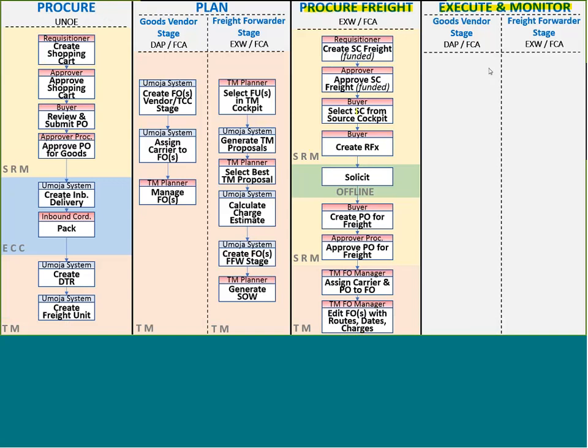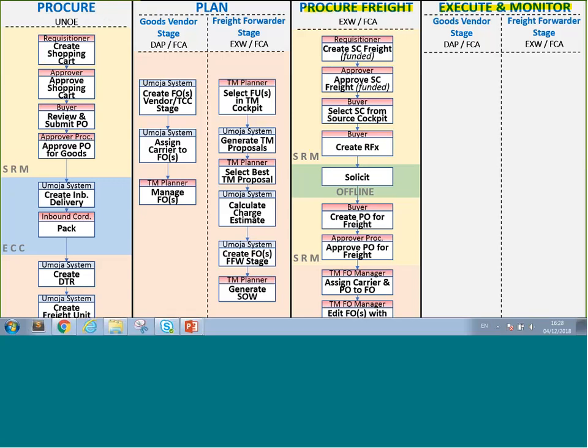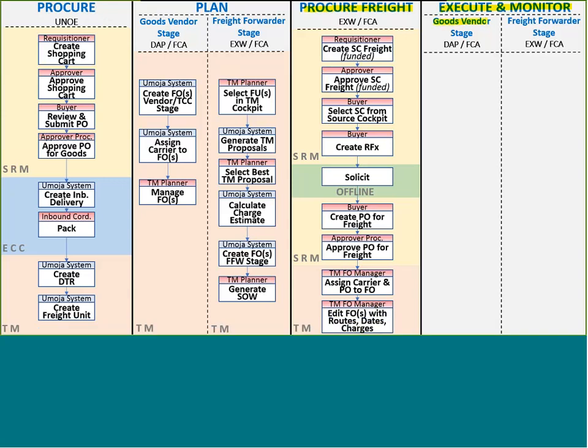So for the execution and the monitoring of the transportation, as we said for the plan phase, we can have two different stages in this execution. We can have one stage for which the goods vendor is responsible for the transportation, and the second stage for which the freight forwarder is responsible for the transportation.